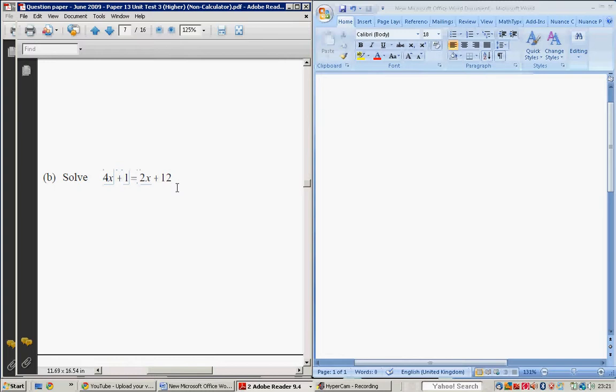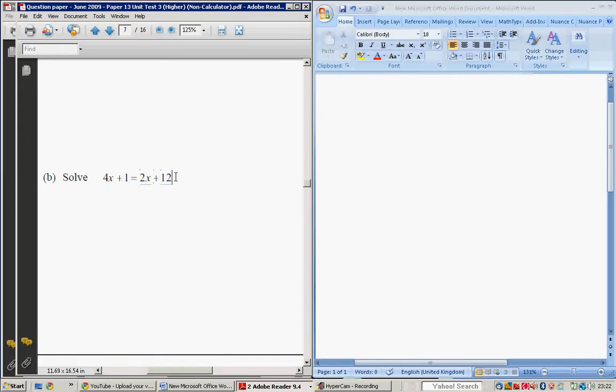Well, we don't know what number x is, but we do know that 4 times x, 4x, plus 1 gives the same result as 2 times that number plus 12.